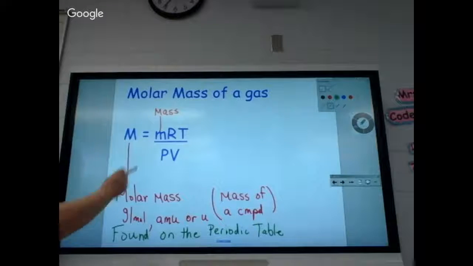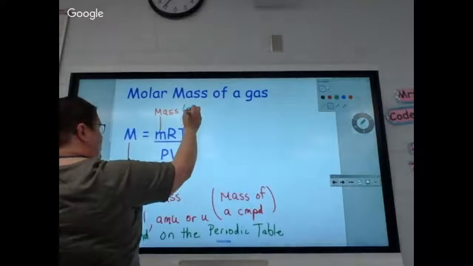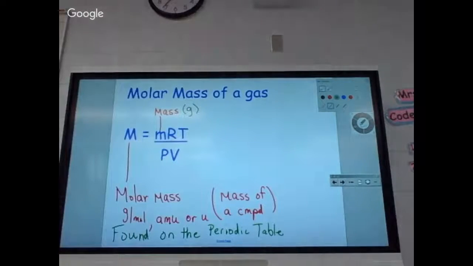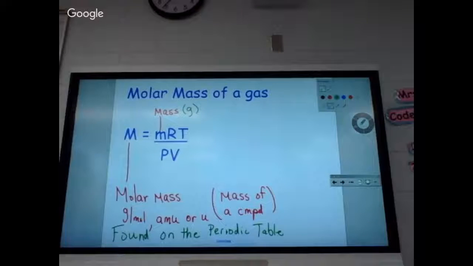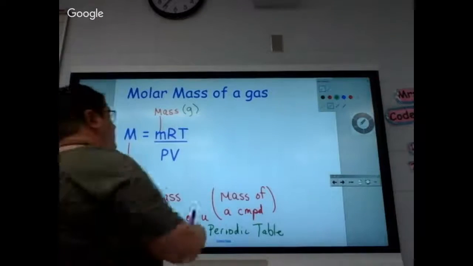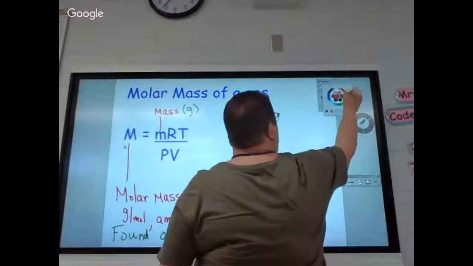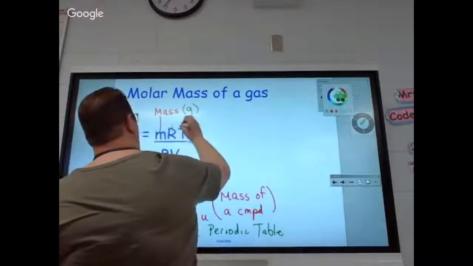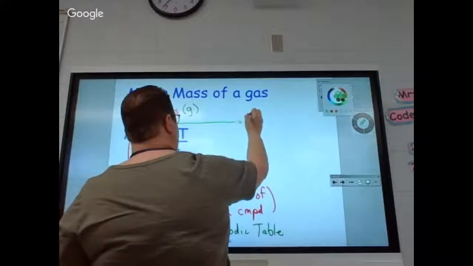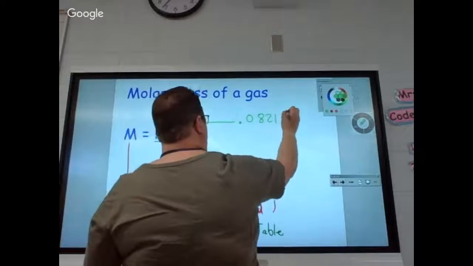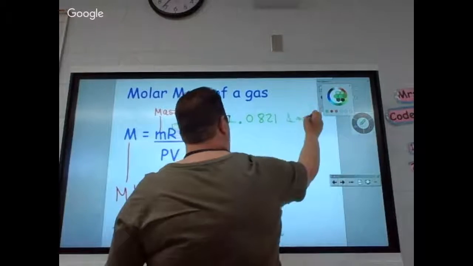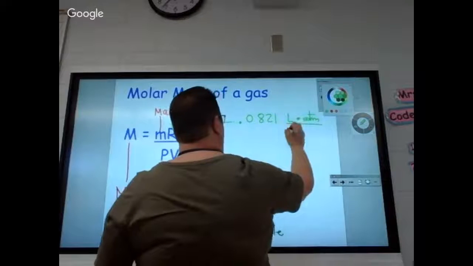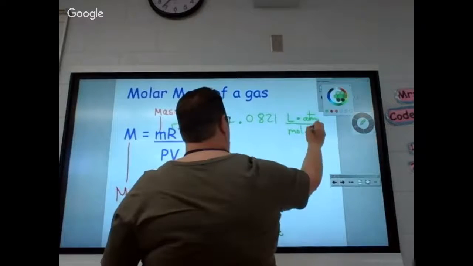Okay? Now, little m is mass in grams. Now, everything else in this formula is just like what you learned to use yesterday. Now, this R right here is 0.0821 liters times atmospheres over moles times Kelvin.